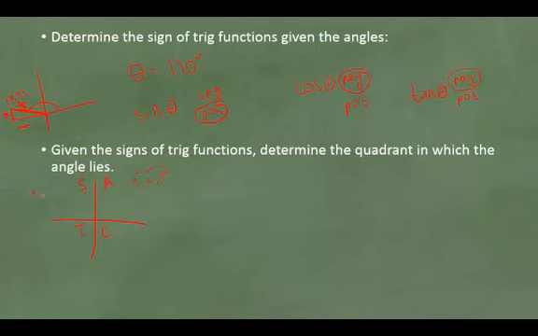In the third quadrant, only tangent is positive. And in the fourth quadrant, only cosine is positive. So all students take calculus, counterclockwise direction. All of them are positive, sine is positive, tangent is positive, cosine is positive.